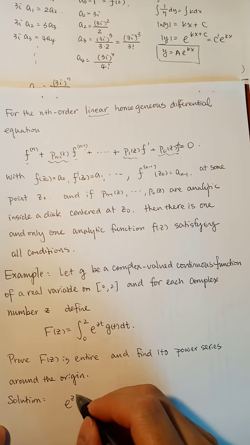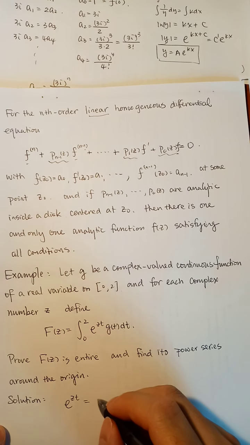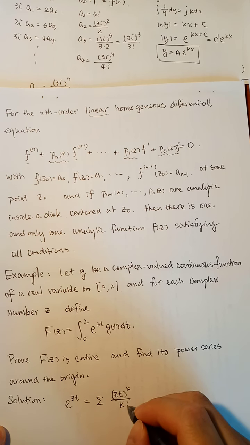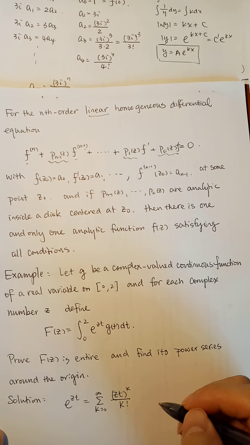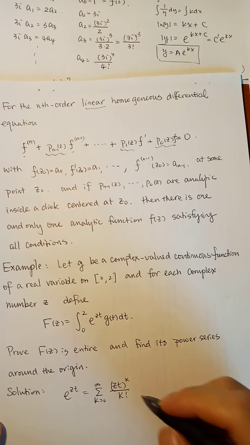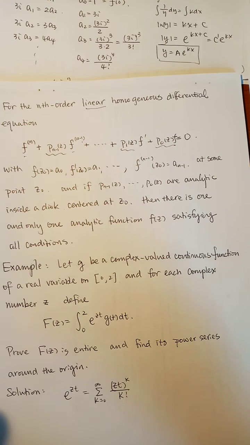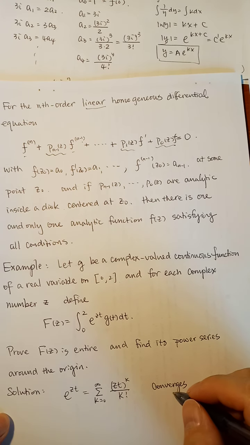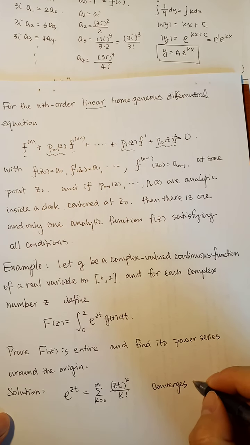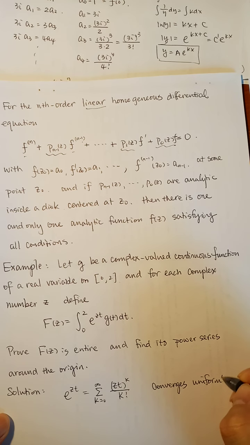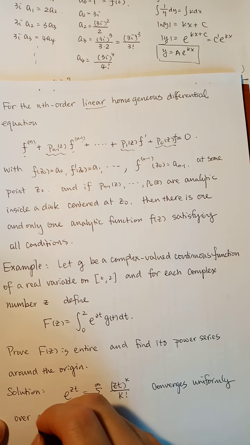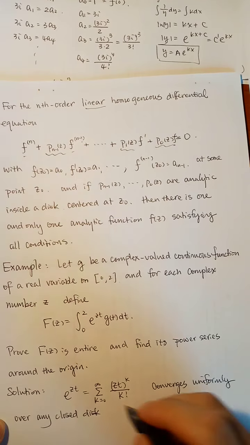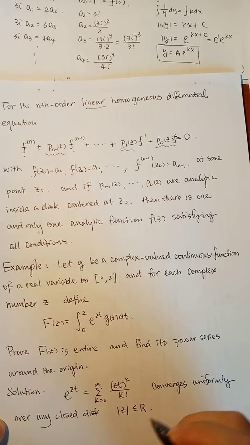So exponential function has a power series representation, and it converges uniformly over whatever closed disk, because its circle of convergence is the whole complex plane.